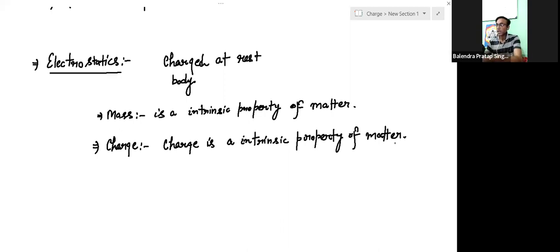Now next we talk about mass. Mass is an intrinsic property, and due to this property a force exists. What kind of force exists due to masses? You already studied in your previous classes.